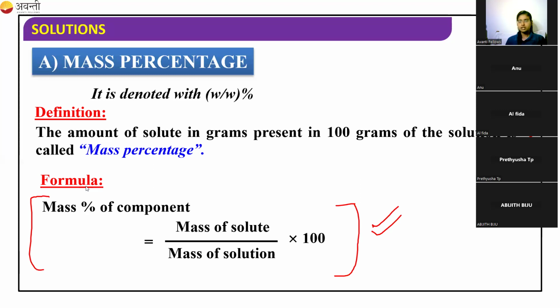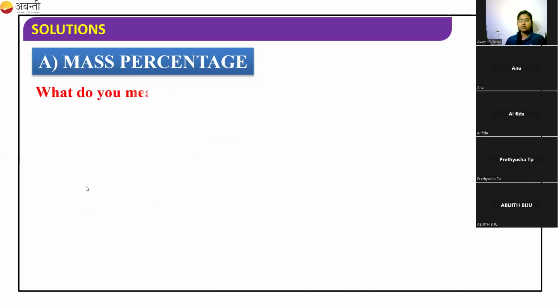Mass of the solute by mass of the solution into 100. Okay, so the next thing: I'm going to ask you a question, and you're going to try. What do you mean by 35 percentage mass by mass glucose solution?